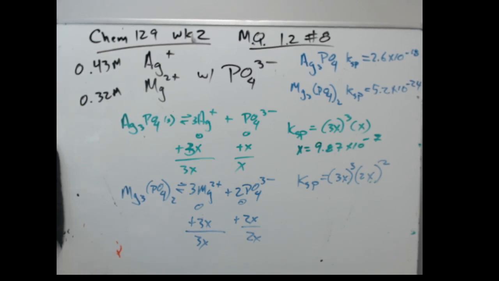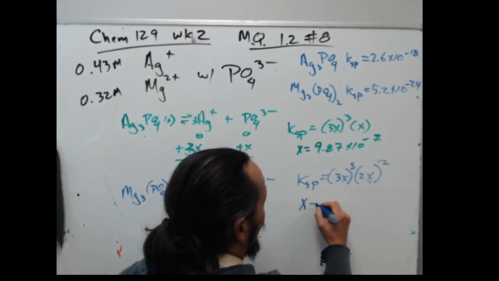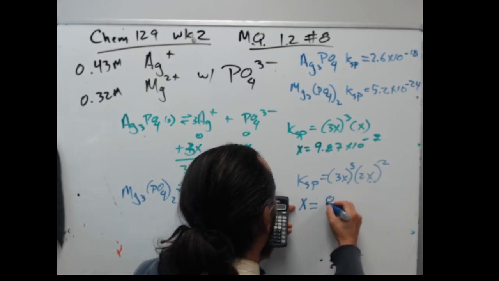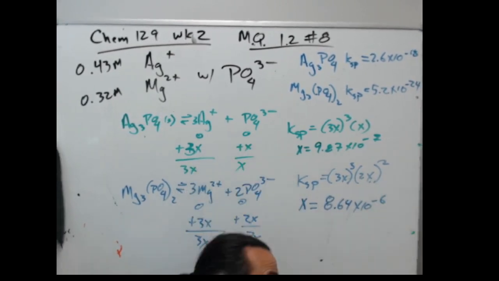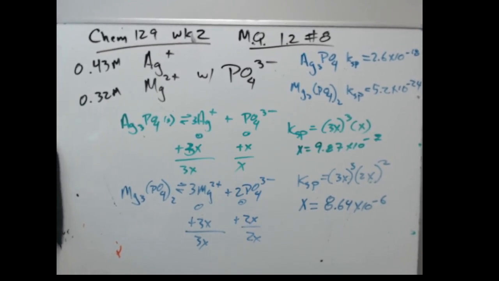Oh, no, it does. x is equal to 8.64 times 10 to the minus 6. The one with the smaller KSP has a bigger molar solubility. Weird. But that's because it's a fifth root instead of a fourth root.